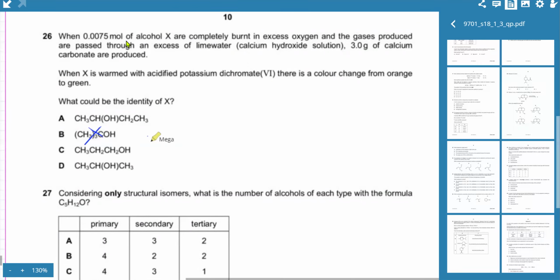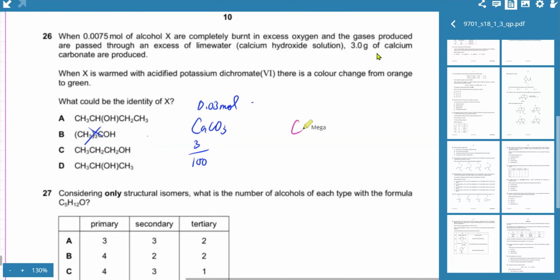So there's 0.075 moles, and I'm going to do this in reverse. First find the moles of calcium carbonate. That's 3 grams divided by the MR, which is 100. So it's 0.03 moles? Correct me if I'm wrong.